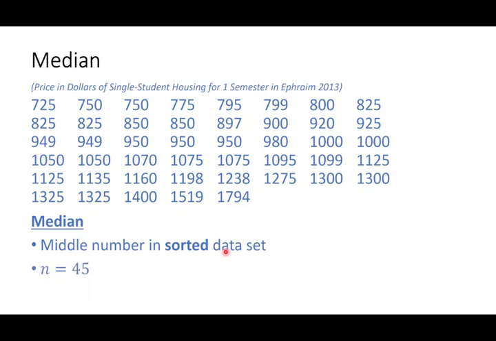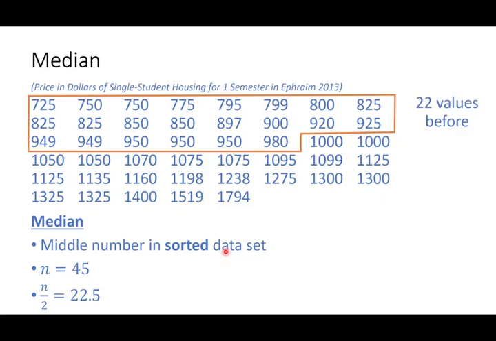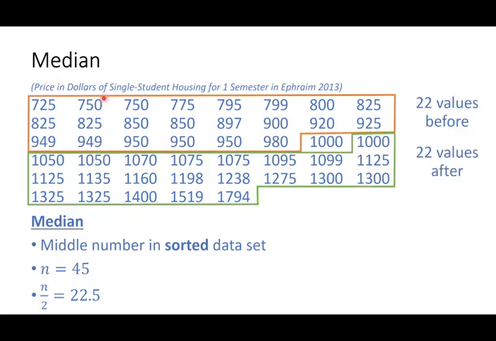So here we have 45 numbers, and so basically there's going to be 22 values, then a number, and then 22 values. If we were to count from the left to the right and go 22 in, we'd get to this point, and go from right to left and count 22 values inwards, we'd get to this point, and there's an exact middle number here, 1,000.